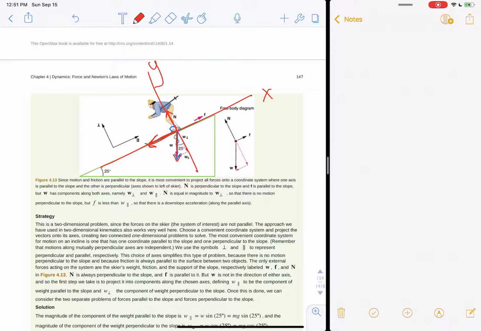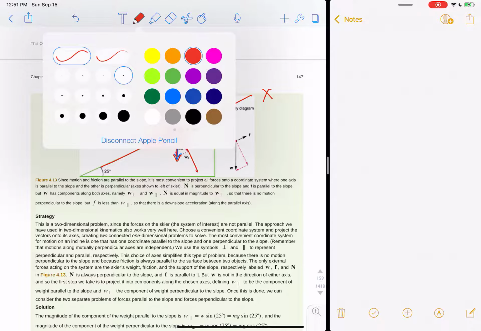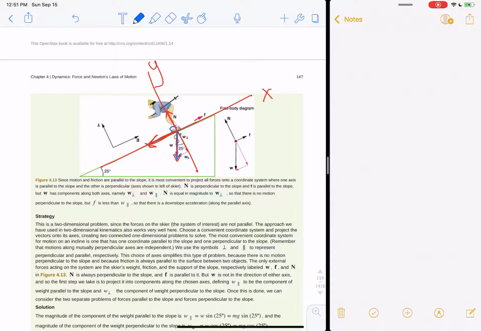The only thing you care about is balancing out your normal force with the y component of your weight, which is called weight perpendicular here, and then the weight parallel component, or the x component, is going to cause your acceleration down. The way these work is simple.